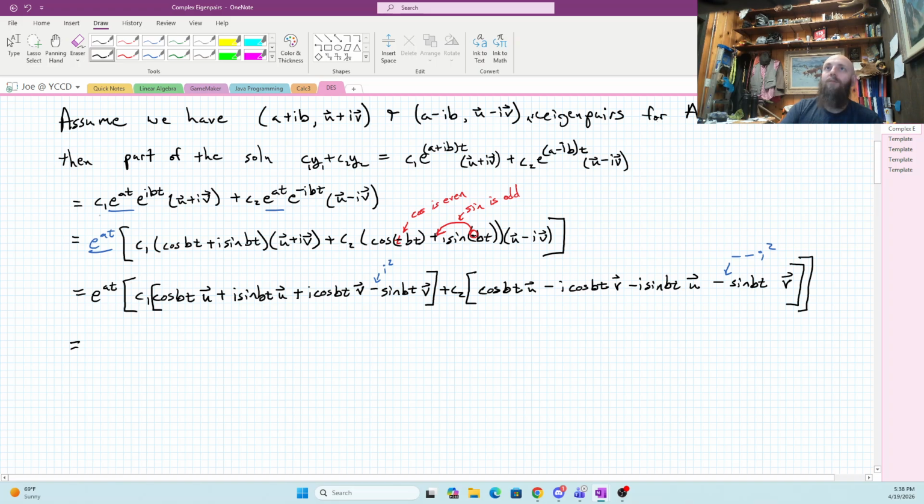Now we're going to go ahead and collect some like terms. So the like terms I'm going to collect here are going to be the real piece and the imaginary piece. So I got here cosine bt u and here minus sine bt v. So that's the real part in this one.